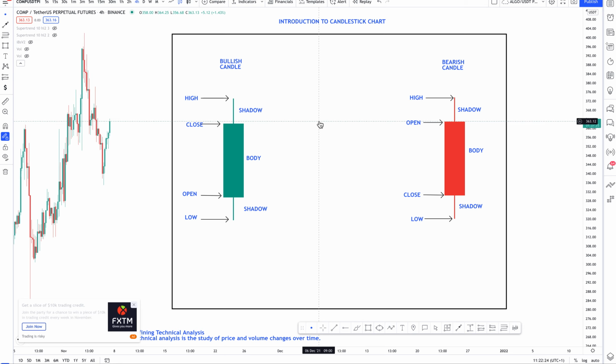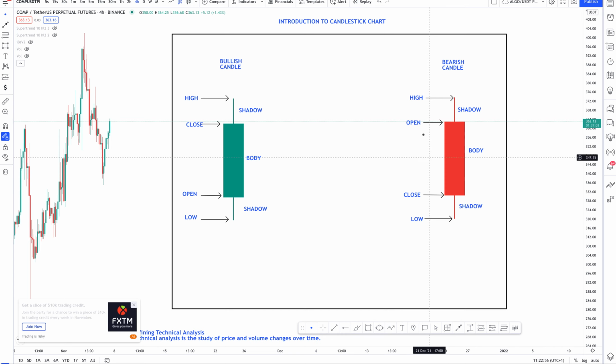A better use of words would be: a bullish candle is a candle that opens from the lows and closes at the top. Okay, that's a bullish candle, while a bearish candle is one that opens from the top and closes below. Okay, it opens from up here and closes under.